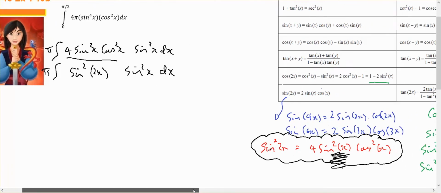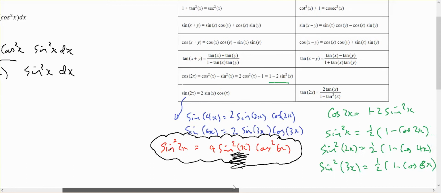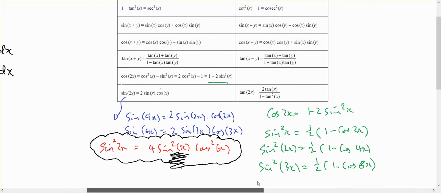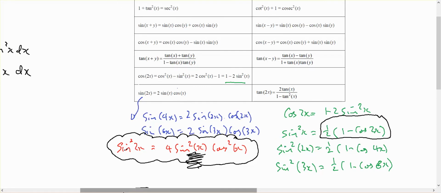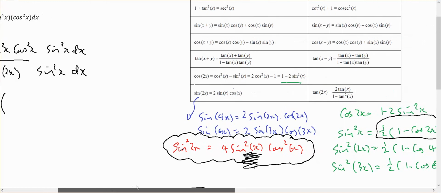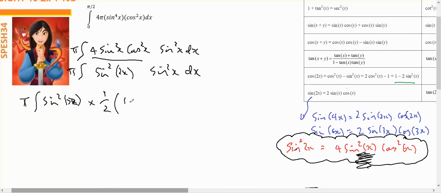With my sine squared of 2x, I'd like to replace that with this. Which means I get pi integral sine squared of 2x times a half (1 minus cos of 2x) dx.